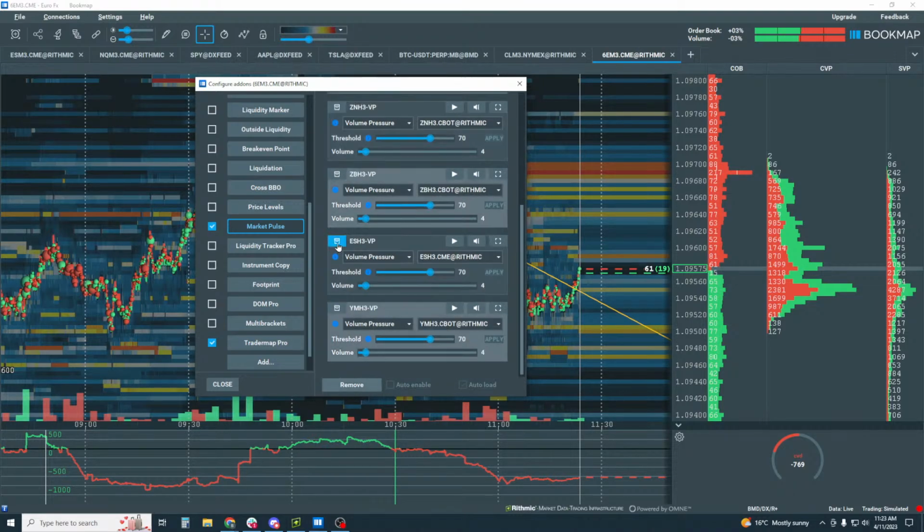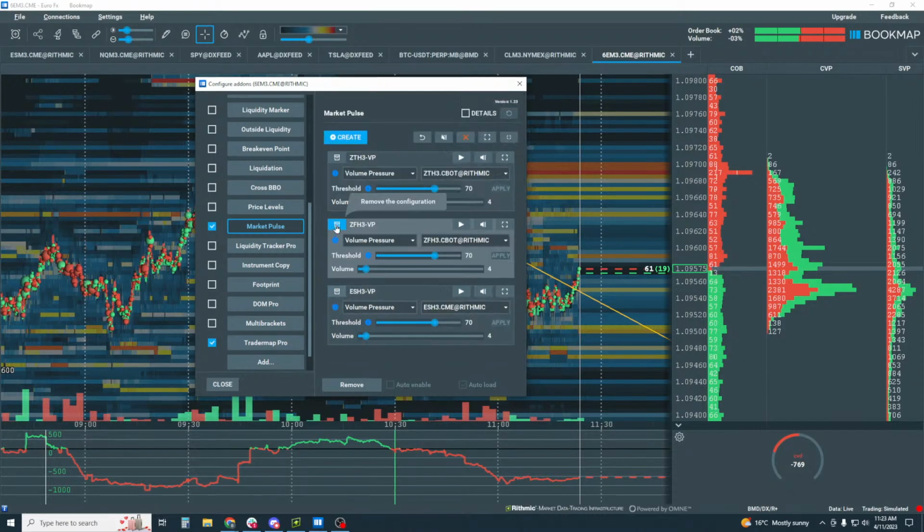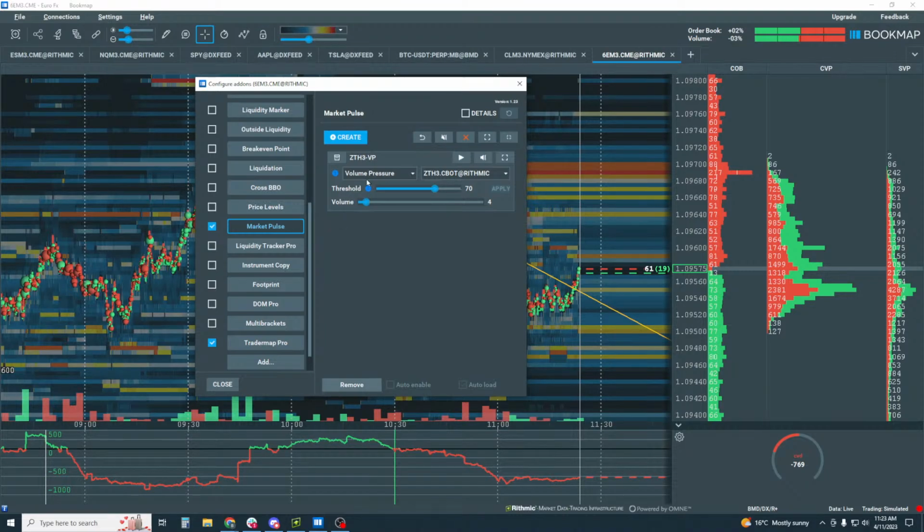I got quite a few in here. Yeah, I had all these bonds and notes and 5-year, 2-year, whatever. Let's create a new one, and we'll look at 6E, and we're going to look at volume pressure. That looks good. Let's play.